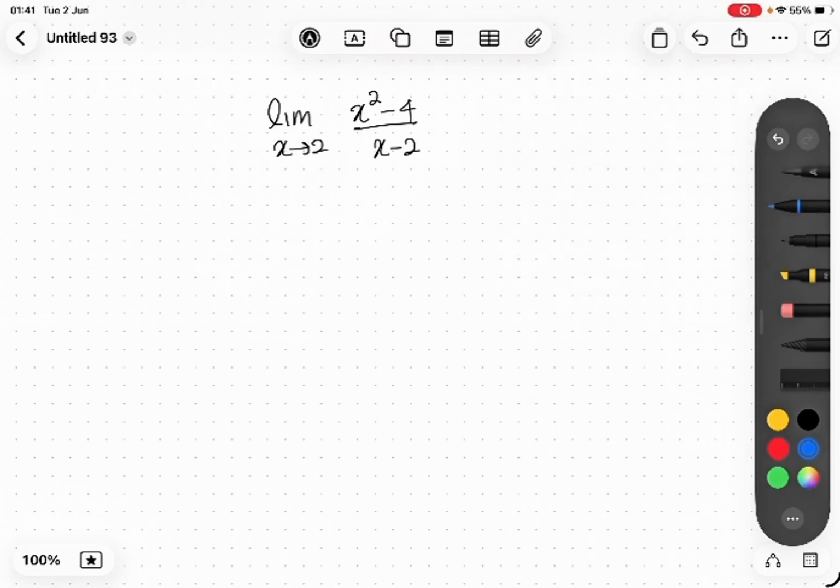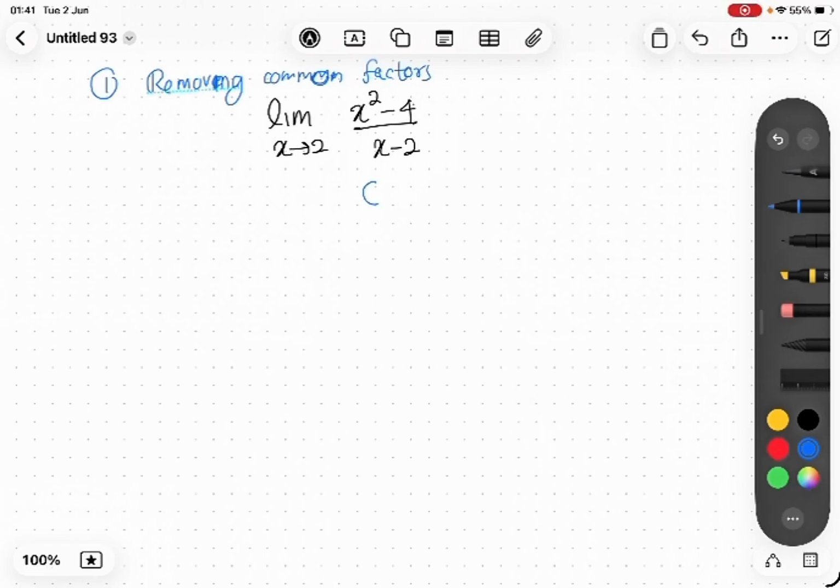You can write method number 1, that is removing common factors. If you have any common factor, we have to remove it. How can I remove it?